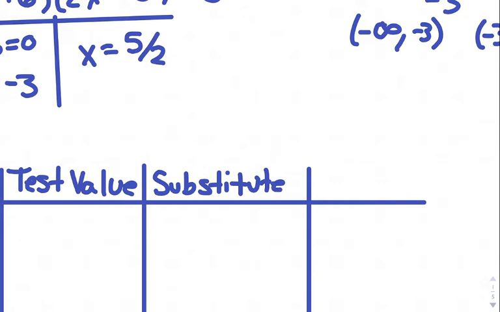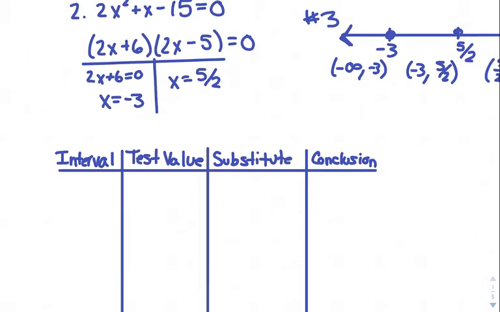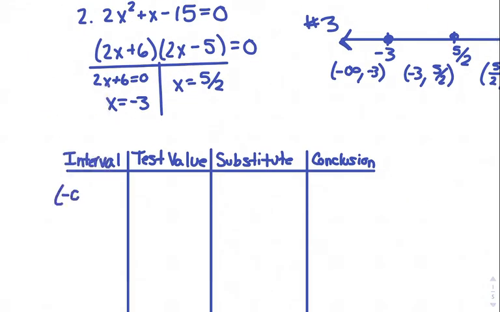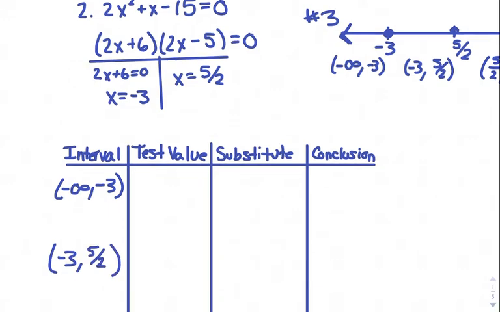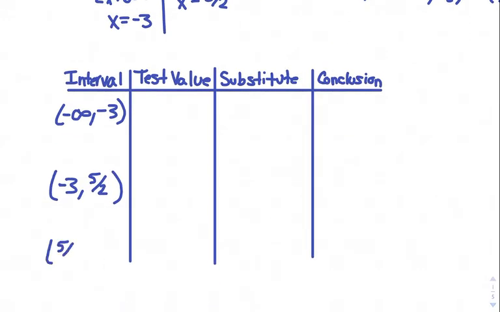And the fourth one, we're going to see what happens, so a conclusion. My 3 intervals were negative infinity to negative 3, negative 3 to 5 over 2, and then 5 over 2 to infinity.